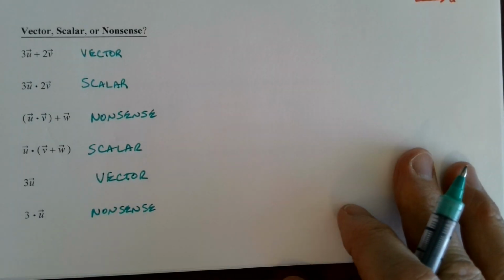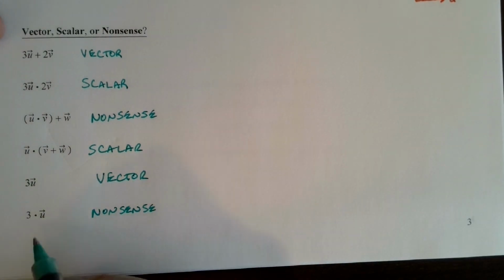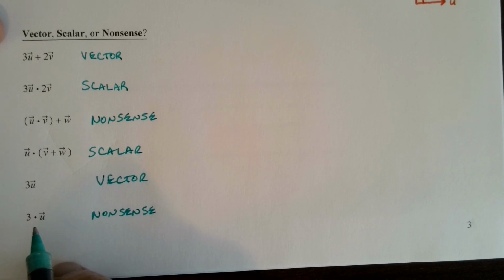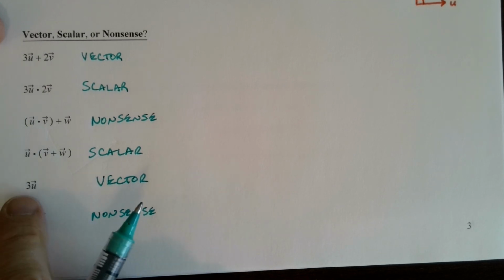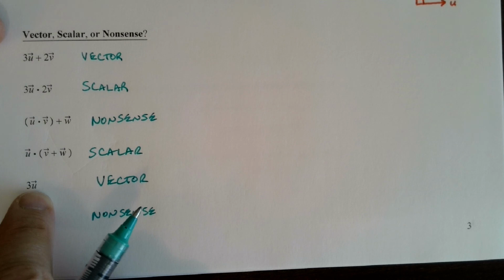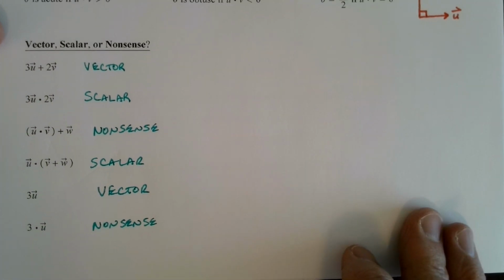We have to remember to write the arrows over these vectors, and from now on, when we're talking about vectors, the dot is the dot product, and we don't use it for multiplying real numbers together anymore. If you're going to do a scalar multiplication, you just write 3 right next to the vector u, or use parentheses if you're multiplying two scalars together.